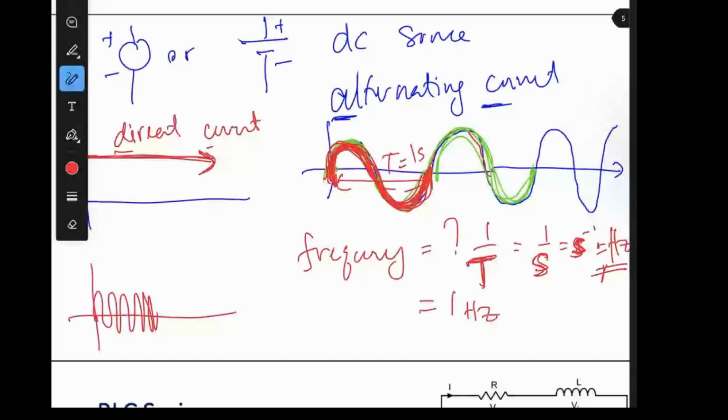Let's say we have 1,000 cycles. The frequency is 1,000 cycles in just 1 second.